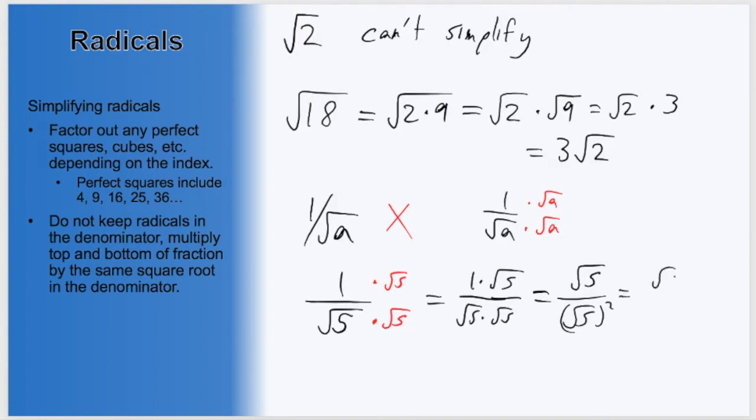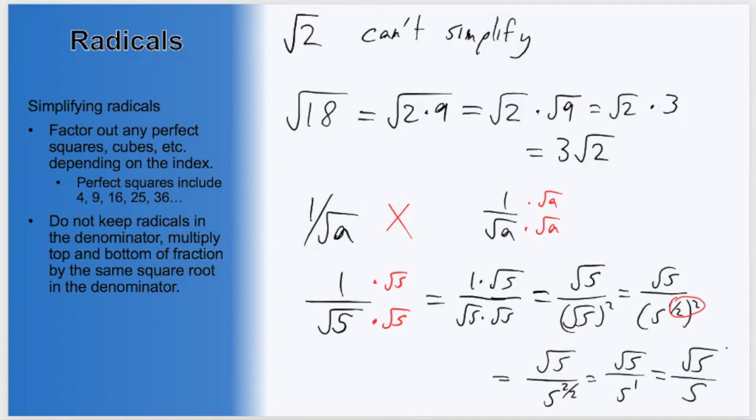Let's write the square root on the denominator as a 1/2 power, and use our power rule to see that these two exponents should multiply together, giving us the square root of 5 over 5 to the 2 over 2 power, which is just square root of 5 over 5 to the first power, which is just square root of 5 over 5. So you can see that by choosing to multiply the top and bottom by whatever root was on our denominator, we were able to get rid of that root on the denominator.